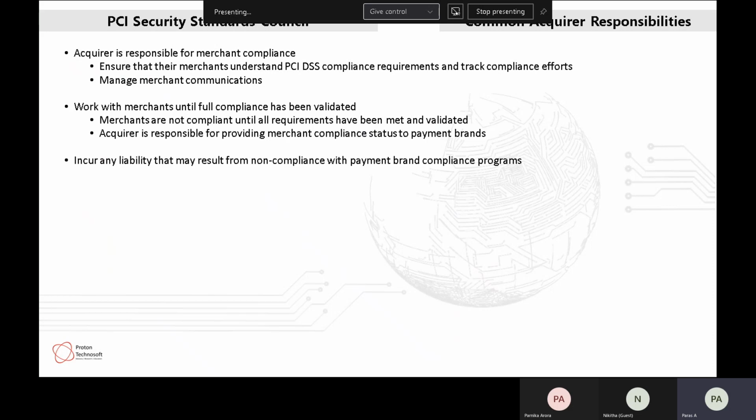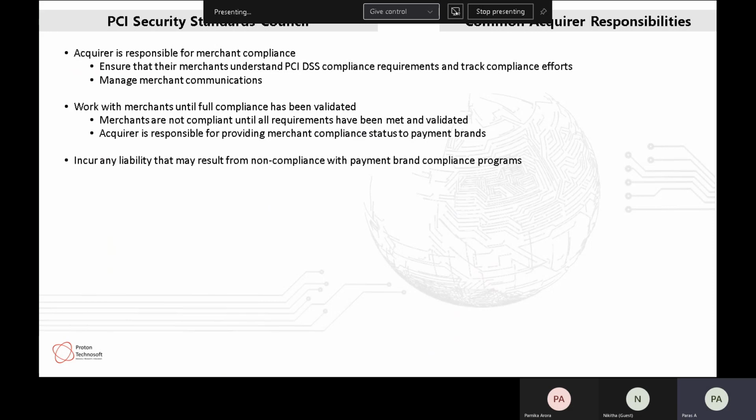Let's say Proton is a merchant and Razorpay is an acquirer. If Razorpay has to get PCI security compliance done for themselves, they will have to ensure that even Proton is certified on PCI. So their compliance is linked with Proton's compliance as well.